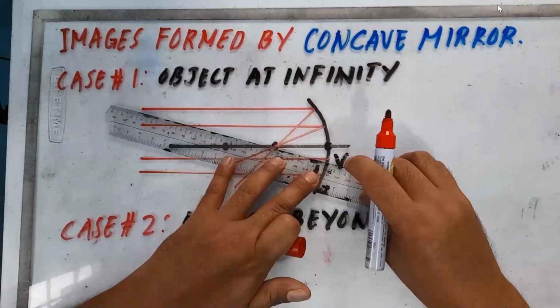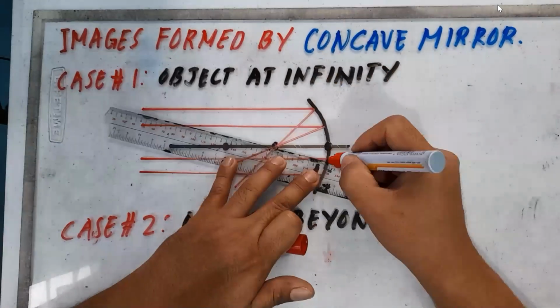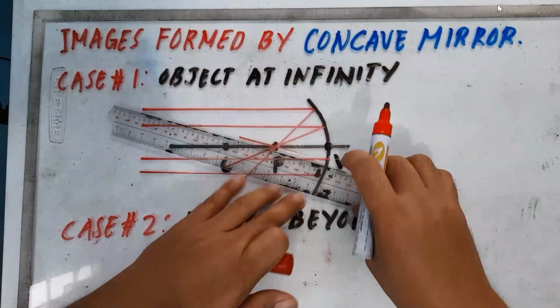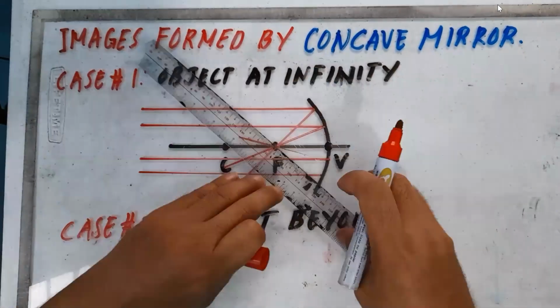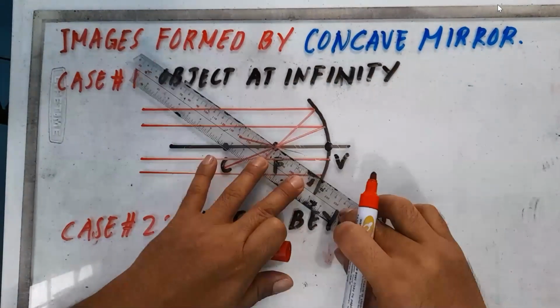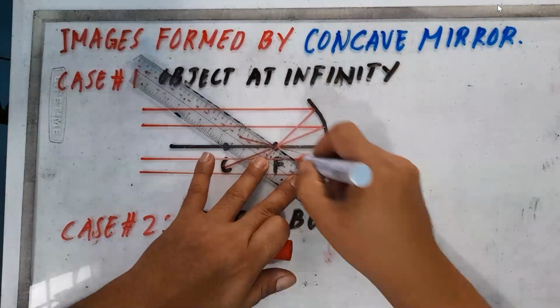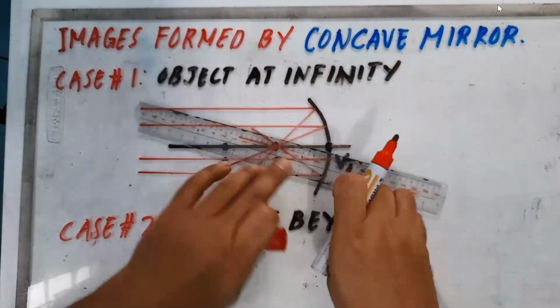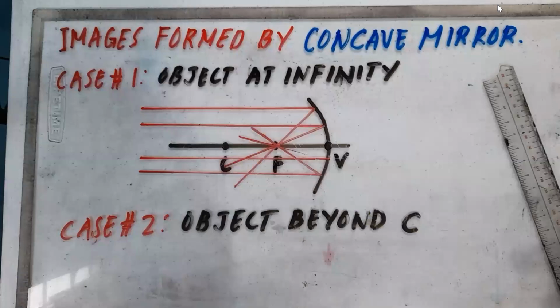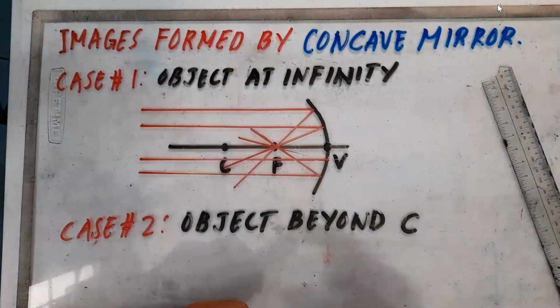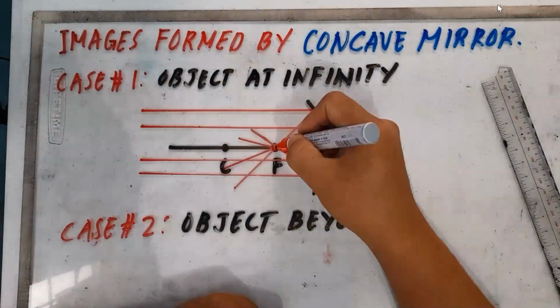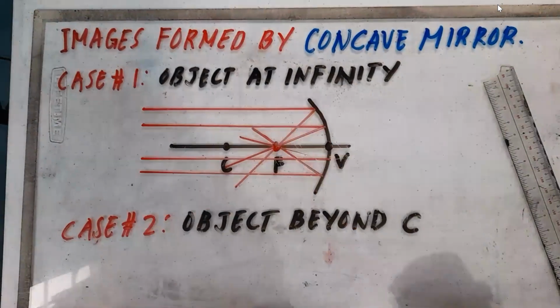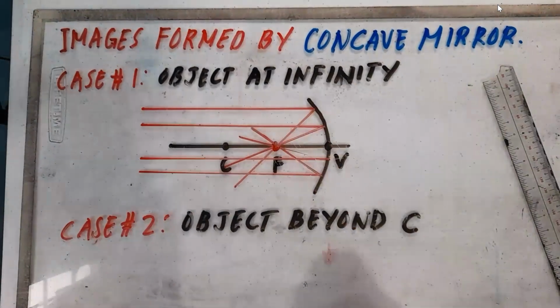And remember, the point of intersection of light rays is the formation or location of the image. As you can see, all the light rays intersect at one point, which is the principal focus.